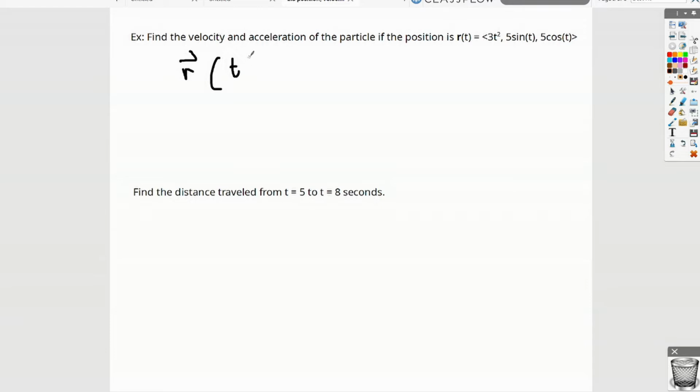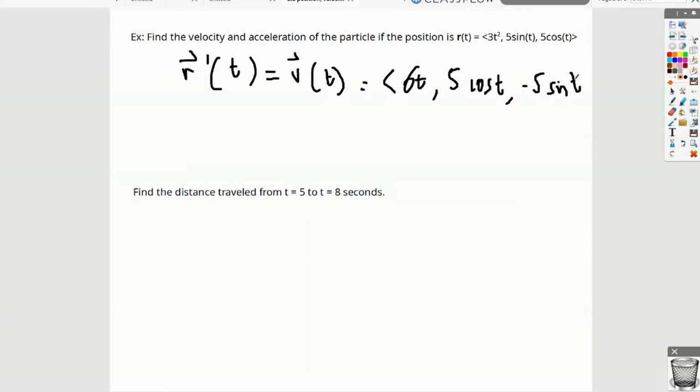So if r of t is that, then r prime of t is v of t, which is the derivative of the first one, 6t, the derivative of the second one, 5 cosine t, and the derivative of the third one, -5 sine t. There you go, simple. Next is the acceleration, which is v prime of t. So v prime of t is equal to a of t.